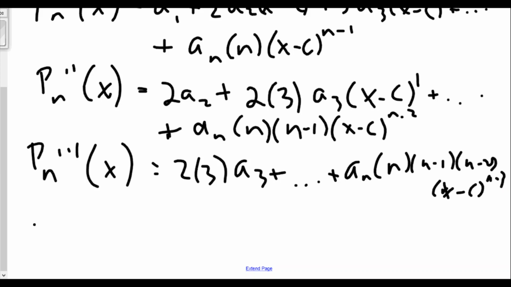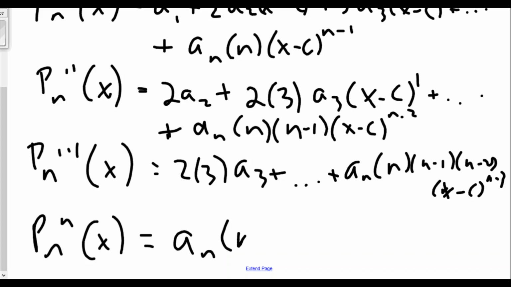And so when we go all the way to the nth derivative, we're just going to be left with a_n times n factorial. Okay? So that's just what we get.